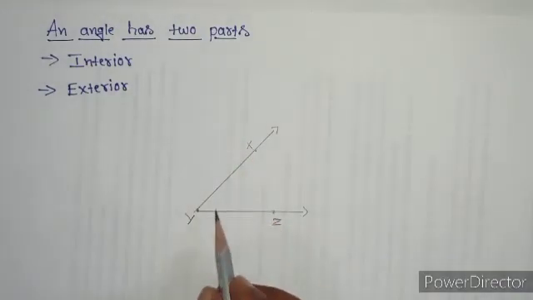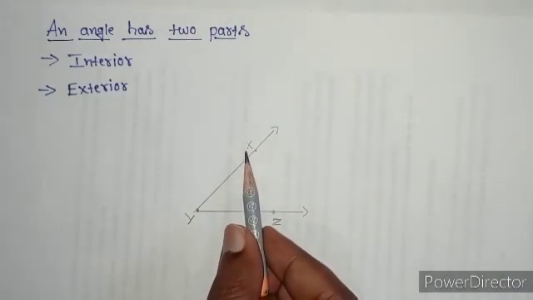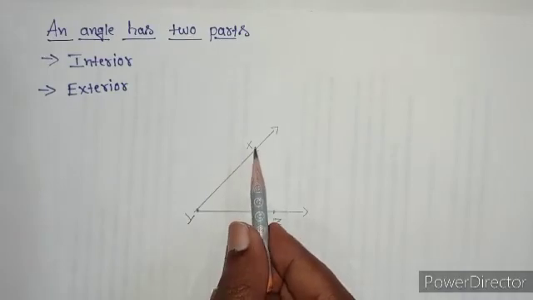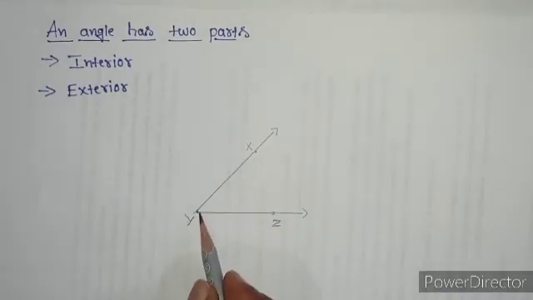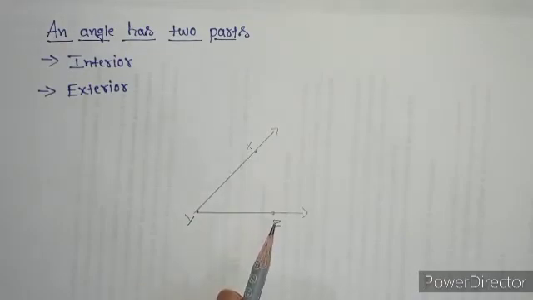We write it as angle XYZ. Here Y is the vertex of the angle, and YX and YZ are the rays, or sides, of the angle.